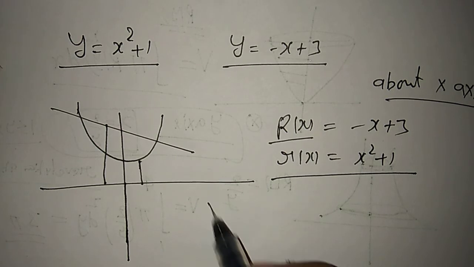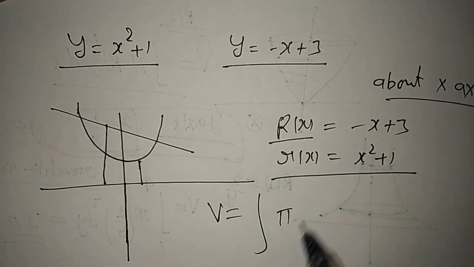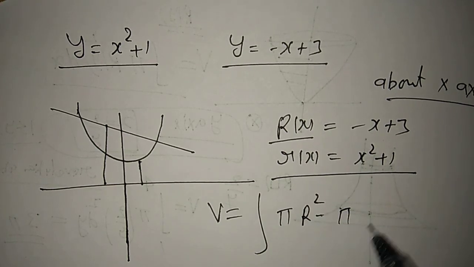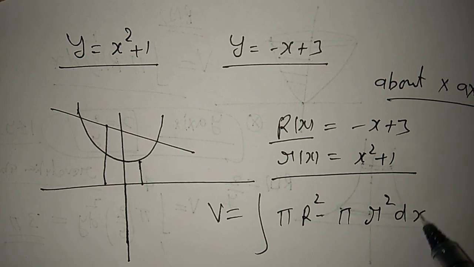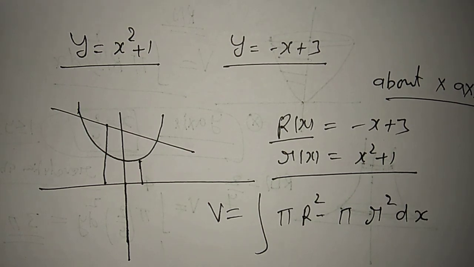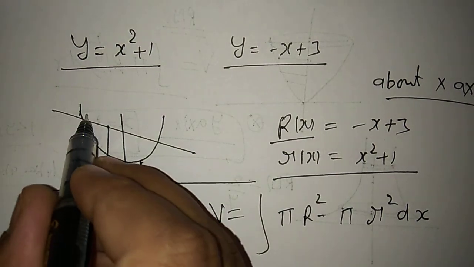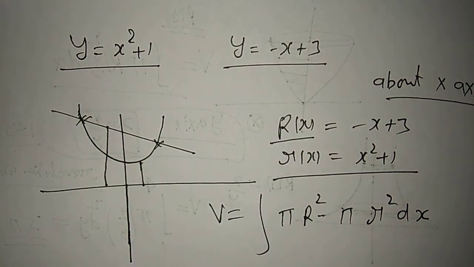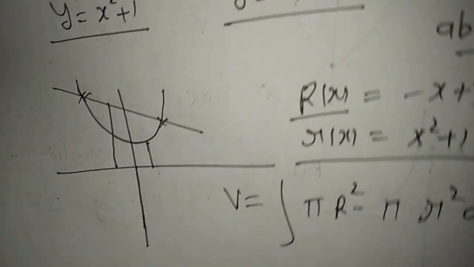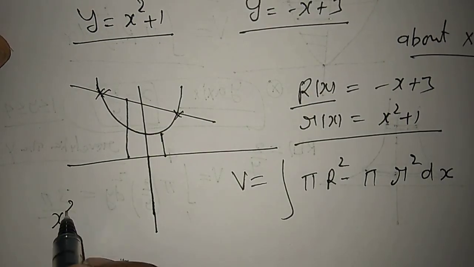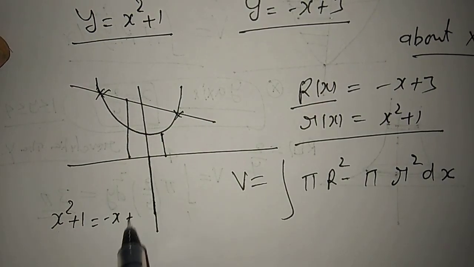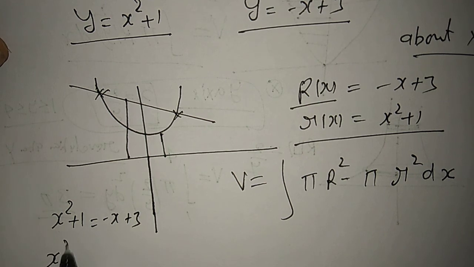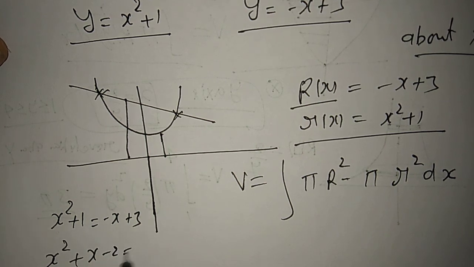So the volume V equals the integral of pi R square minus pi r square dx, and we have to find the points of intersection. For that we equate both the curves. So x square plus 1 equals minus x plus 3, so we have x square plus x minus 2 equal to 0.